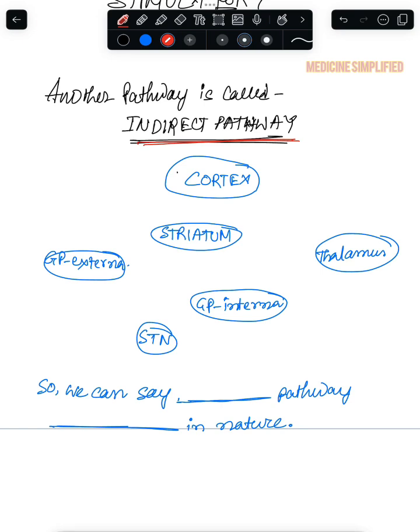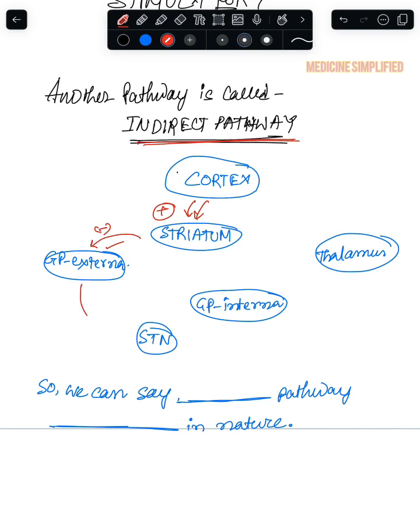As all of you know, cortex sends stimulatory signals to the striatum. The striatum gets activated and inhibits globus pallidus externa.